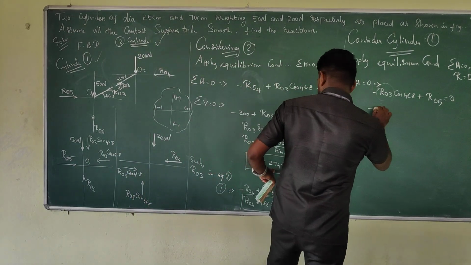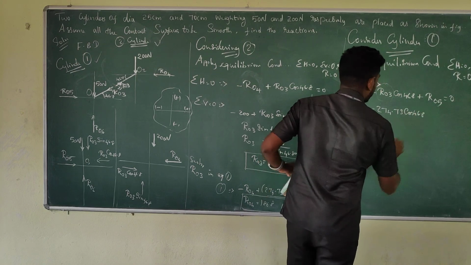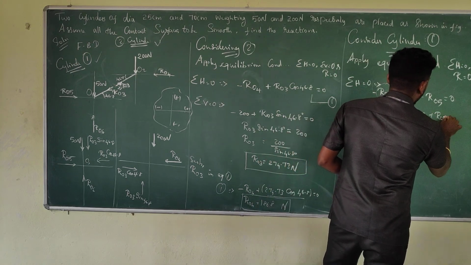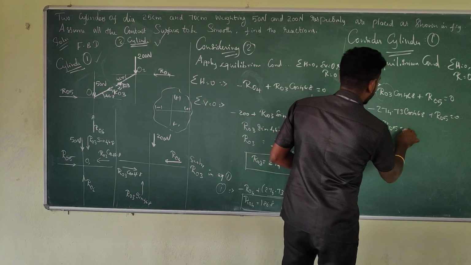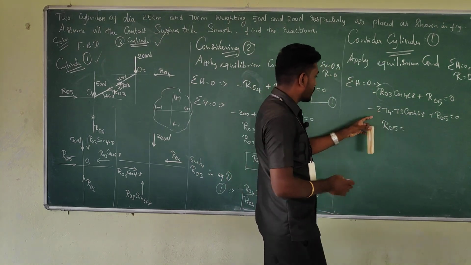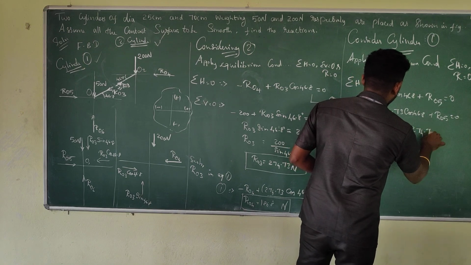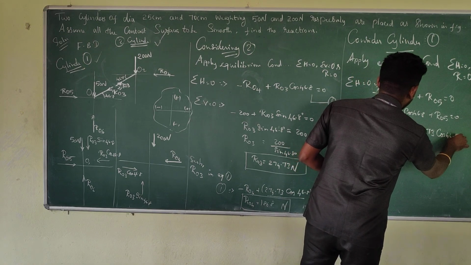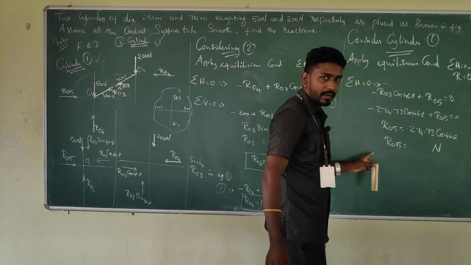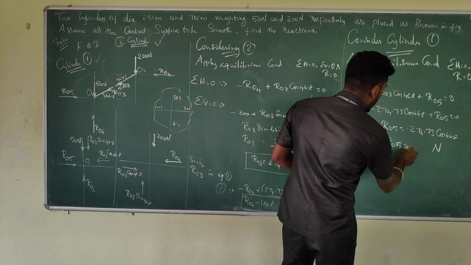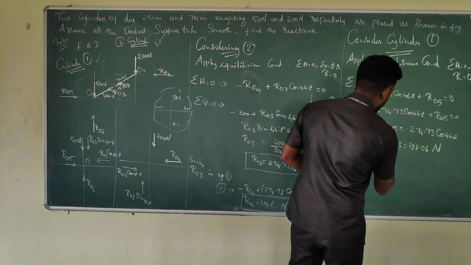So just apply minus 274.73 cos 46.8 plus RO5, it is equal to 0. So RO5 will become, when you take to the other side this force magnitude, 274.73 cos 46.8. So that RO5 will be getting in terms of Newton. I can say the magnitude will be roughly RO5 will be 188.06 Newton.